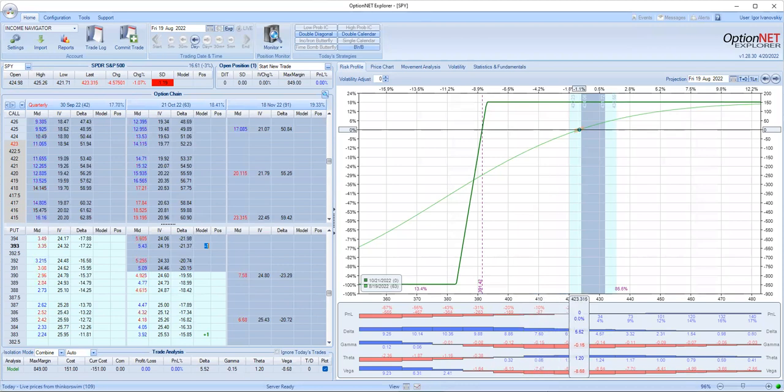So if you have a $25,000 account and the notional value for one put is 35 grand, you probably shouldn't do more than 1 or 2 at most. And then you cannot use, right? If you do 2, and let's say your buying power requirement is $7,000, but you have a $25,000 account, right?